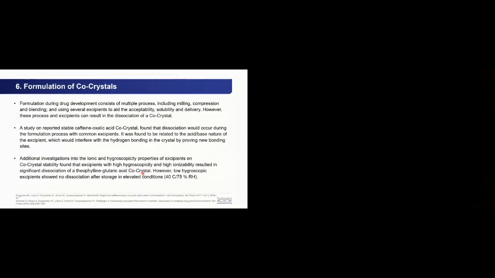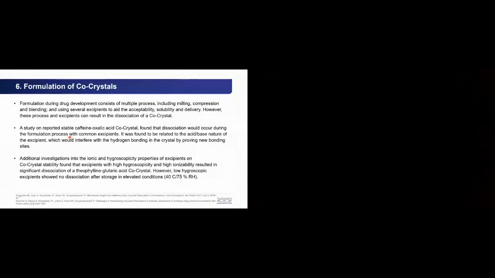So, formulation of co-crystals. During drug development, formulation consists of multiple processes, including milling, and utilizes several excipients to aid in the acceptability and solubility, and ensuring that the drug can be delivered to the patient at point of use. However, in a lot of these cases, the excipients can result in dissociation of the co-crystal.